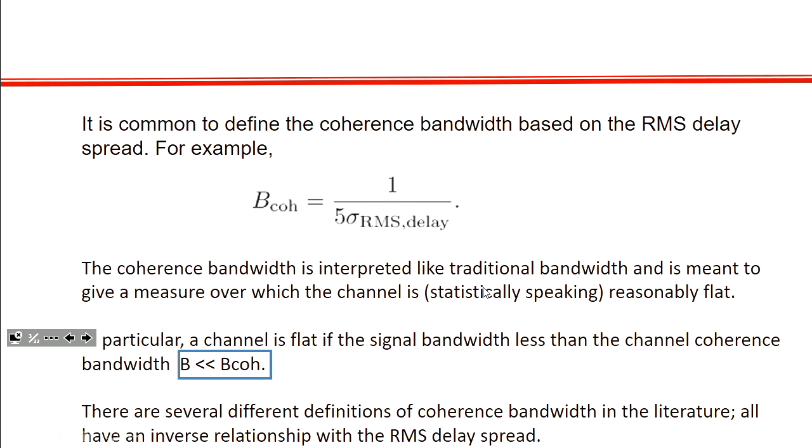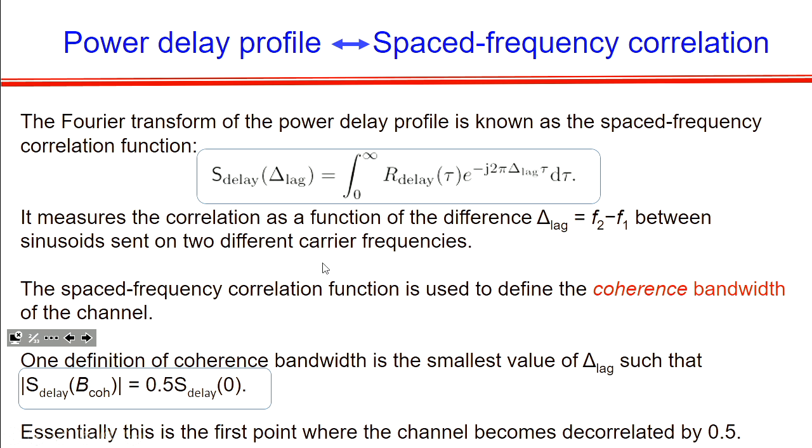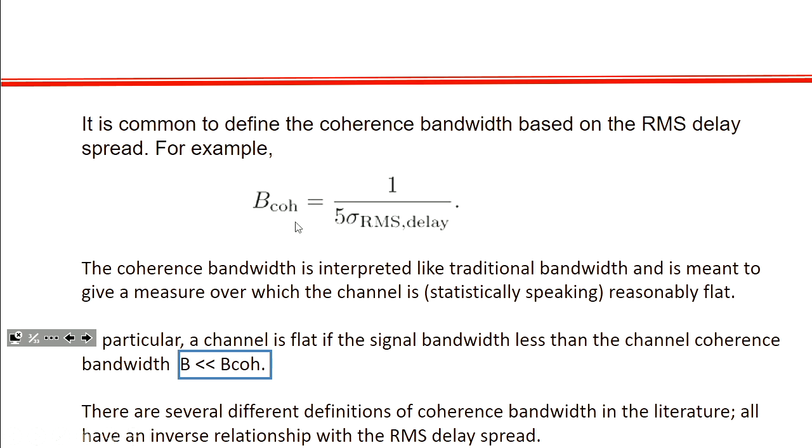And we want to extract an important parameter called coherence bandwidth from this definition. Coherence bandwidth is defined in different ways in different textbooks. One popular definition is that it is inversely proportional to 5 times the RMS delay spread.